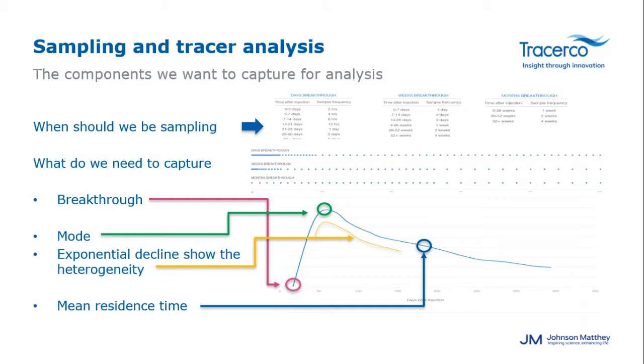Usually the start of sampling is more frequent to ensure that the possible short-term breakthroughs are not missed and to capture any short rise and fall in concentrations. This can provide early critical information. Later in timing, the sampling can be further apart as more dilution has taken place and the peaks will be much wider.